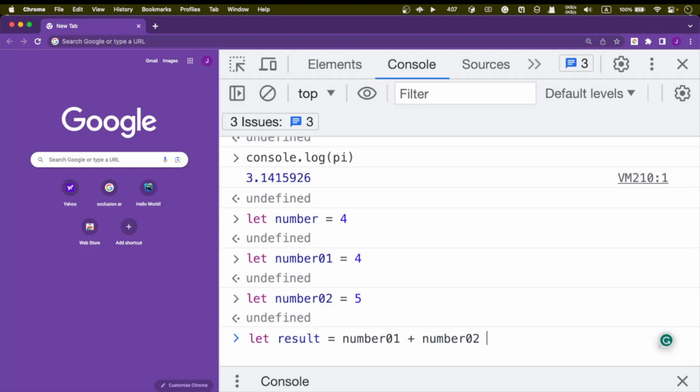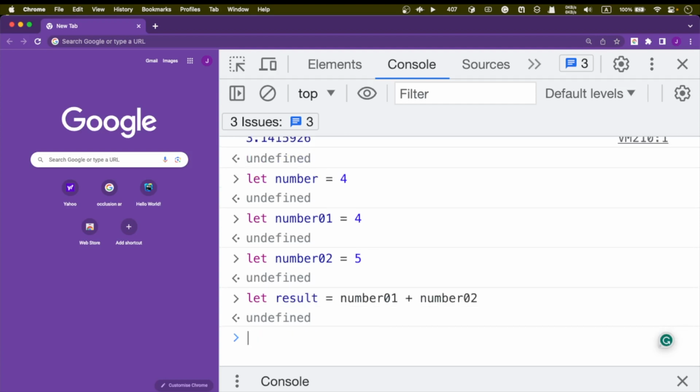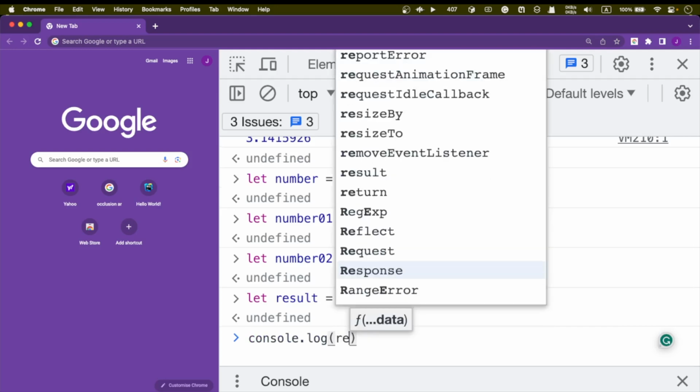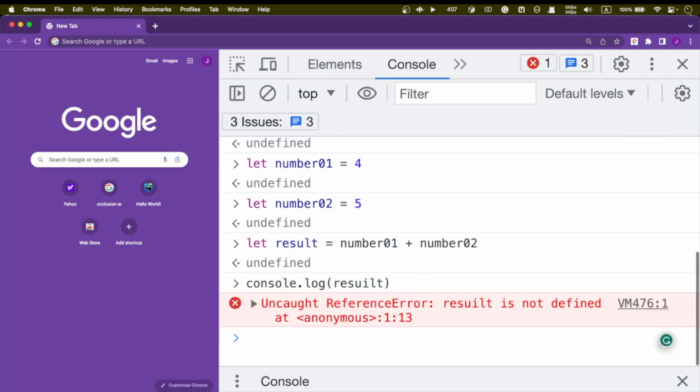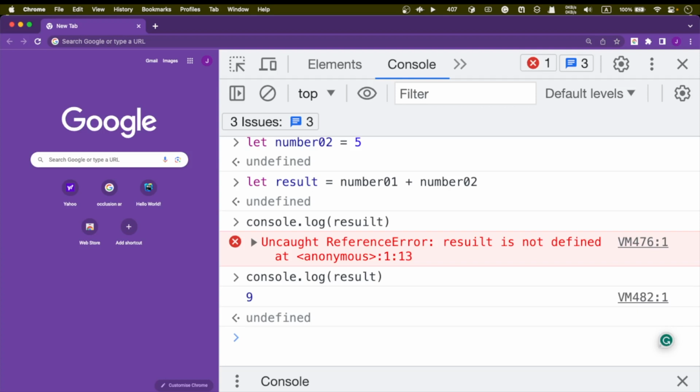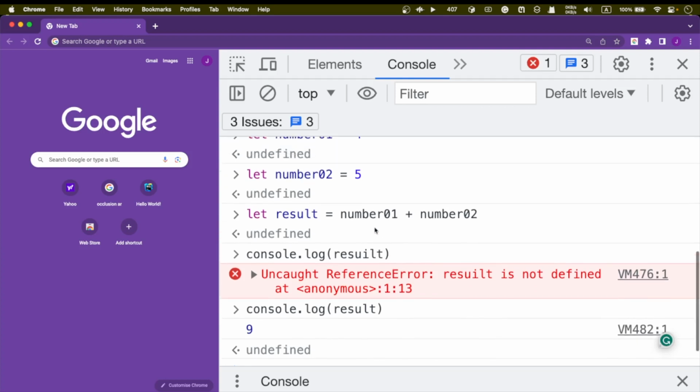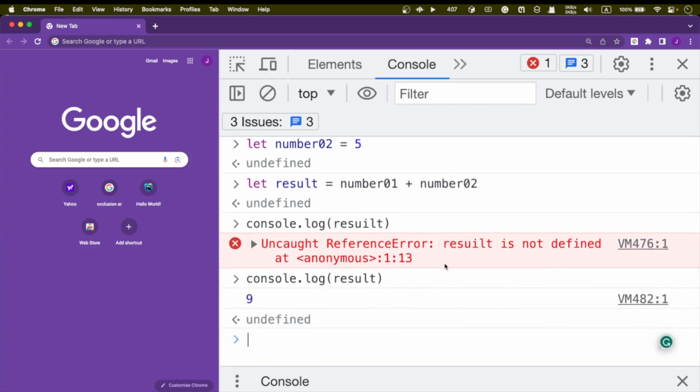So it's like adding, and you can print the result out. Sorry, it's not result, but rather results. So 4 plus 5 equals 9. Nothing wrong with that.